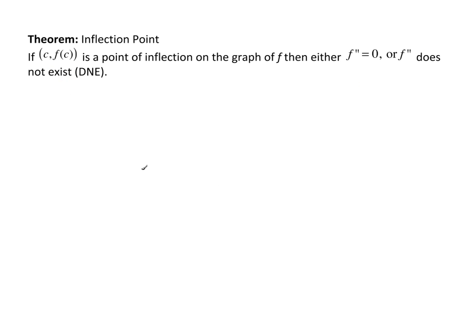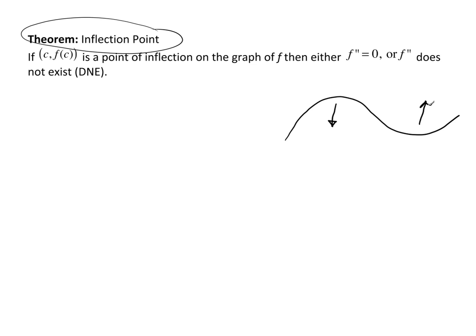So let's move on with this idea and talk about the idea of an inflection point. There's a theorem to help you determine the inflection point. And an inflection point, if I have a function that looks like this, clearly I'm concave down and clearly I'm concave up. Somewhere in here, like maybe roughly there, I switch from going concave down to concave up.